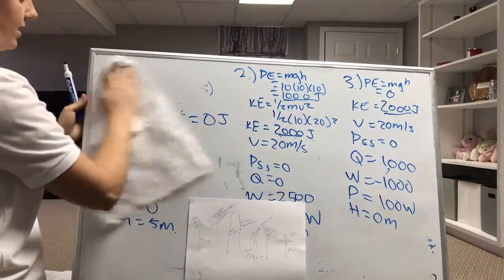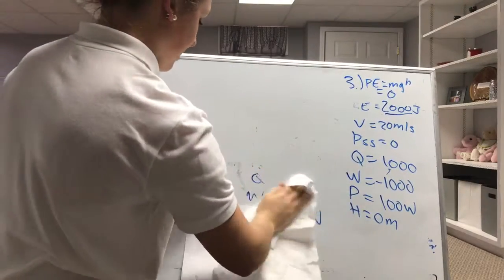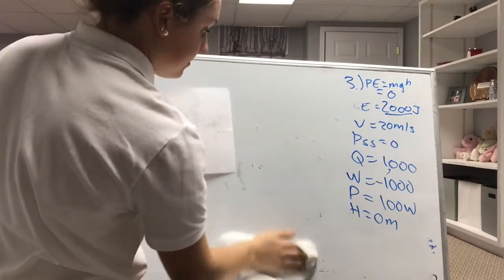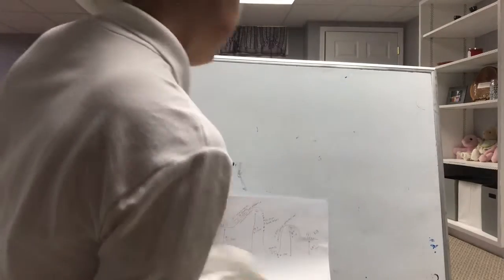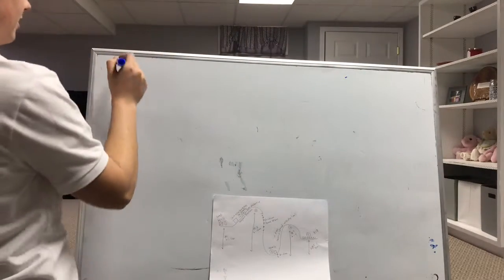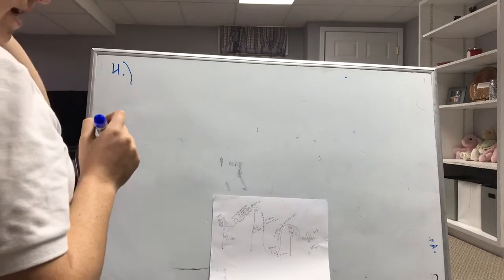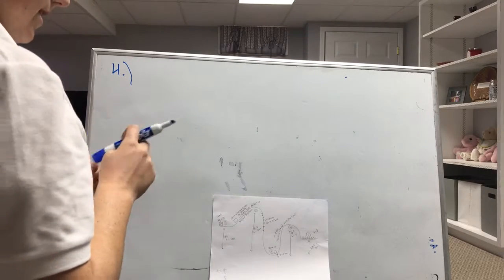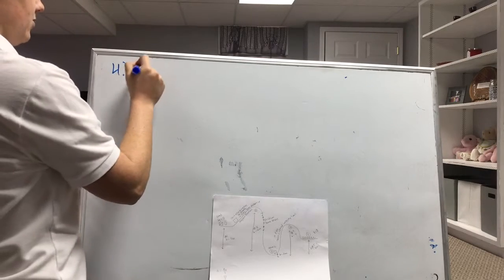Alright, so now let's move on to positions 4 and 5. So at position 4, from 3 to 4, we are lifting up to a height of 7 in 5 seconds at a velocity of 1 meter per second. So how would we find potential energy?